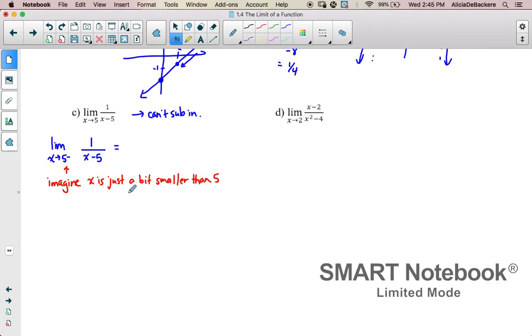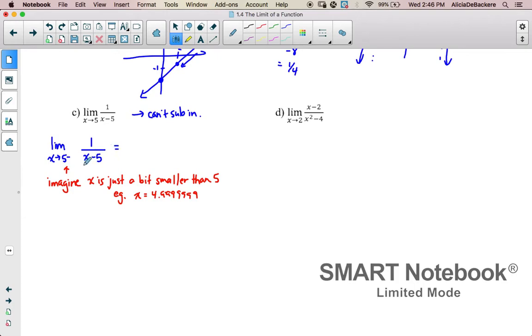So for some people, it helps at the beginning when you're just starting to work with limits to actually pick a number that's a tiny, tiny bit smaller than 5. So like I want you to imagine like 4.9999, like keep going with those 9s, like really, really close to 5, or just a tiny bit smaller.